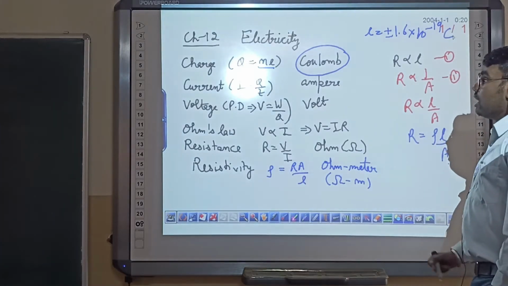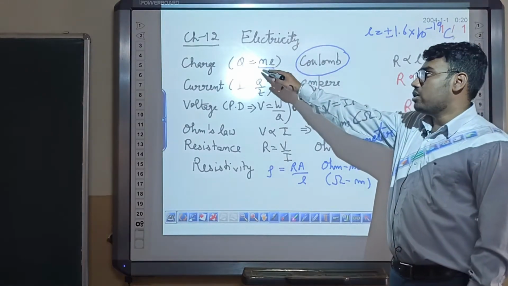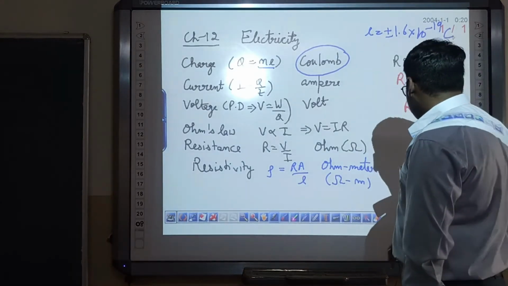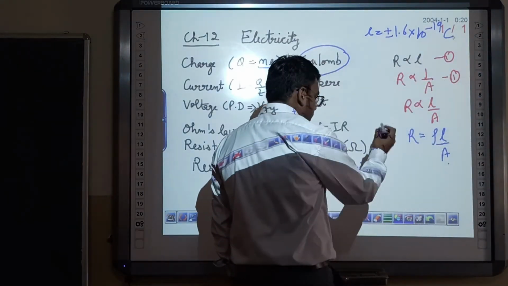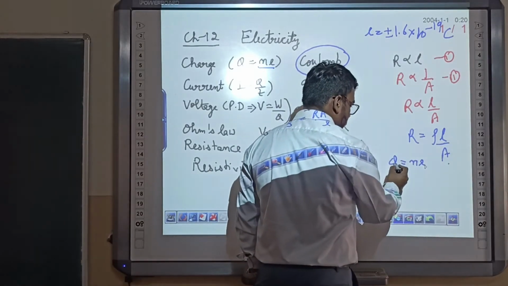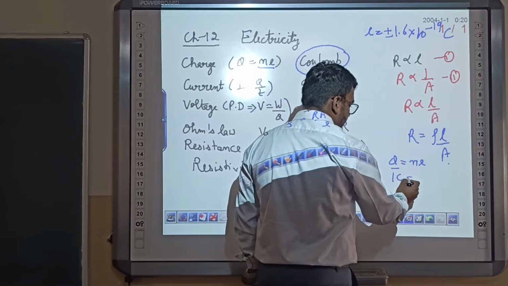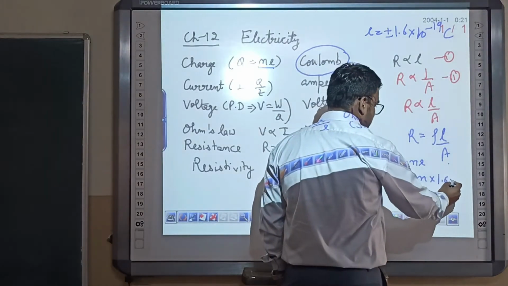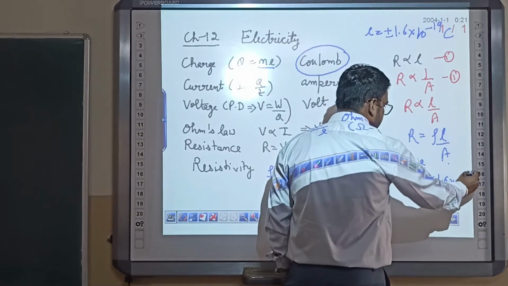Let us solve this. Using Q equals NE, we put Q as 1 and find the value of N, where e is 1.6 into 10 raised to power minus 19.